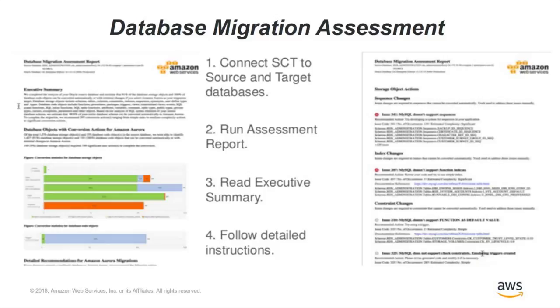So if I'm moving from an IBM Db2 database to a MySQL database, based on the bar graph that you see on the left side and the executive summary, I would be able to decide: okay, this is the amount of automated code conversion that happened, and there are significant actions involved also. So I would go and look at those significant actions, and from the right hand side you could see the changes that are required.